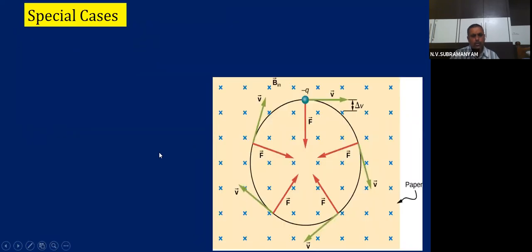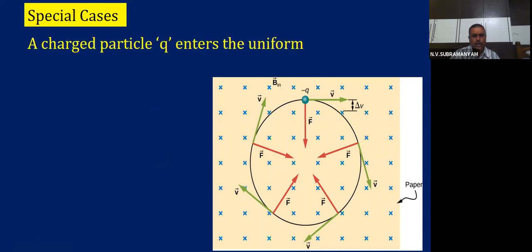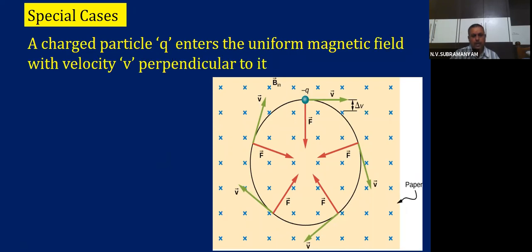Now I am going to tell you about two important special cases which have a lot of importance in the field of science. First case, children: a charged particle Q enters the uniform magnetic field with velocity V perpendicular to it. That means magnetic field and velocity are perpendicular. If you see carefully, see here children, you are seeing crosses in the diagram.